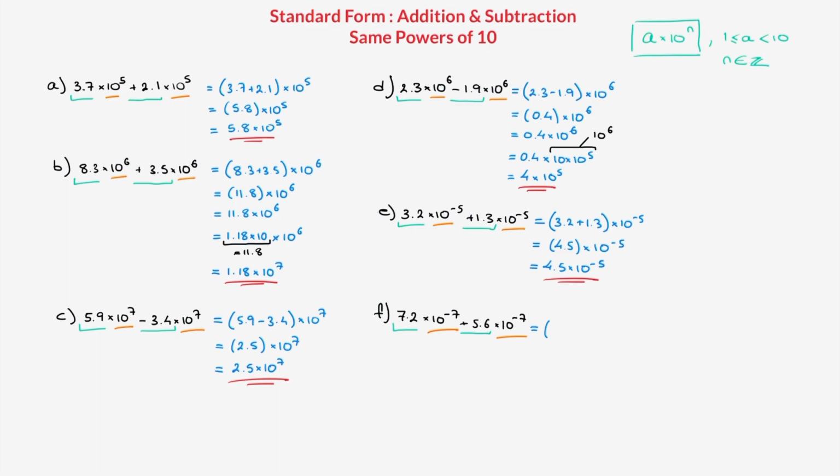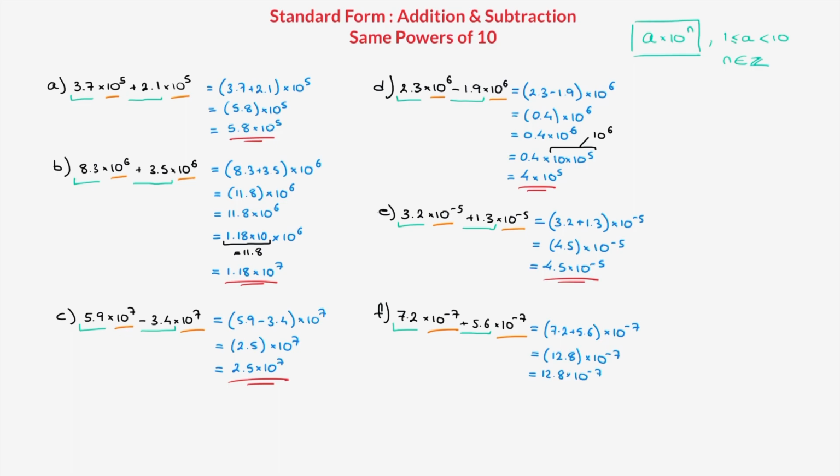And that's in parentheses, so I write 7.2 plus 5.6, close parentheses, times 10 raised to the power of negative 7. Next, I calculate this sum, and 7.2 plus 5.6, well, that's equal to 12.8. So I'll go ahead and write that's equal to, in parentheses, 12.8 times 10 raised to the power of negative 7. I now get rid of this pair of parentheses, so that's equal to 12.8 times 10 raised to the power of negative 7.